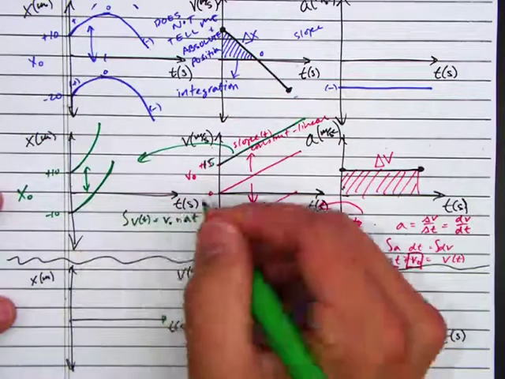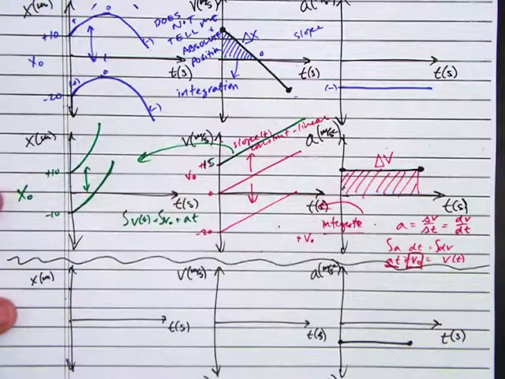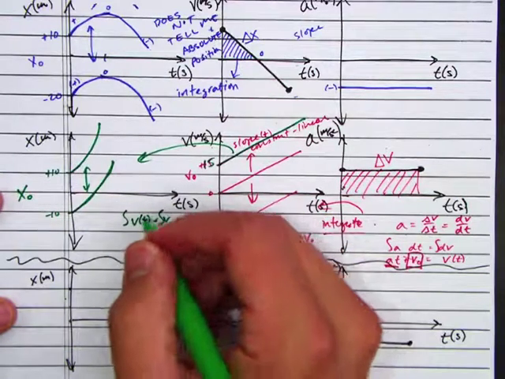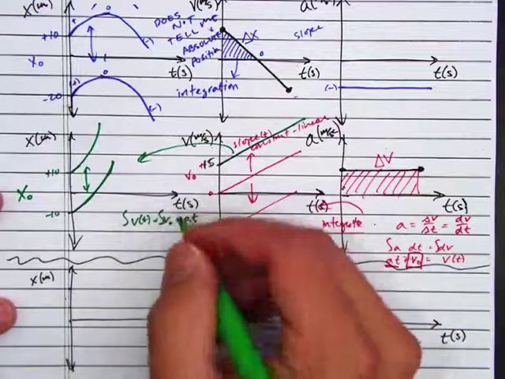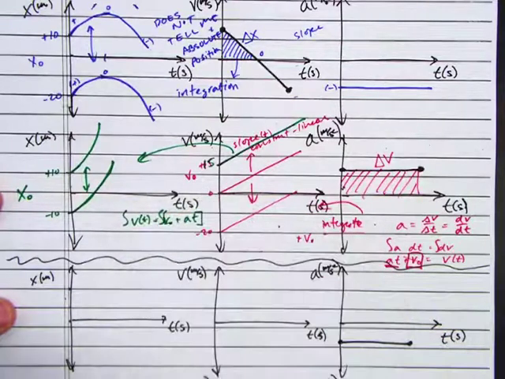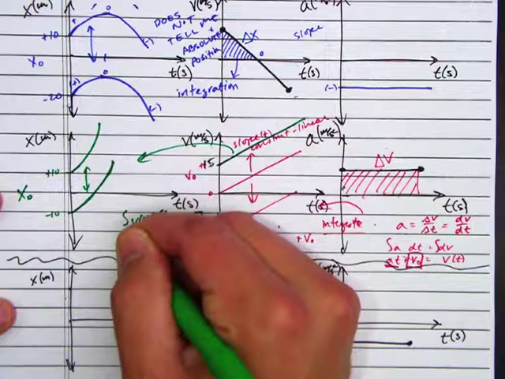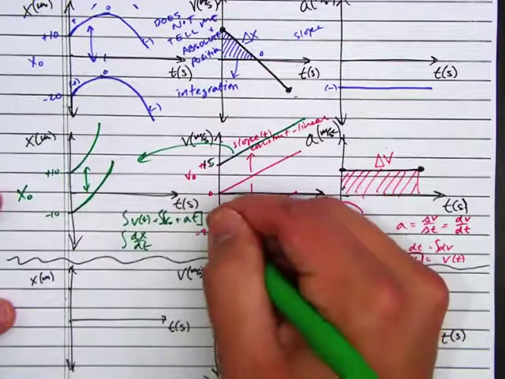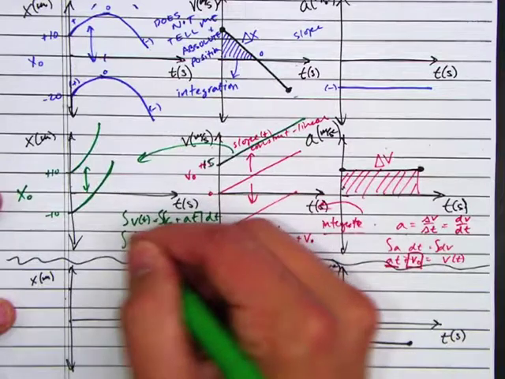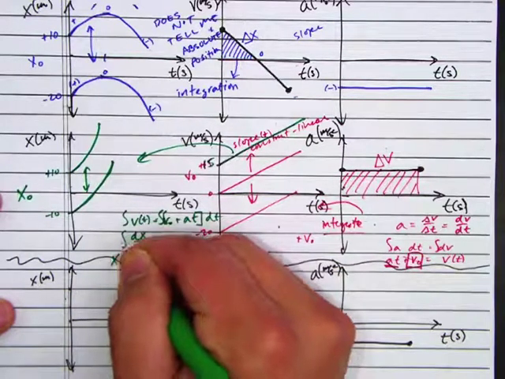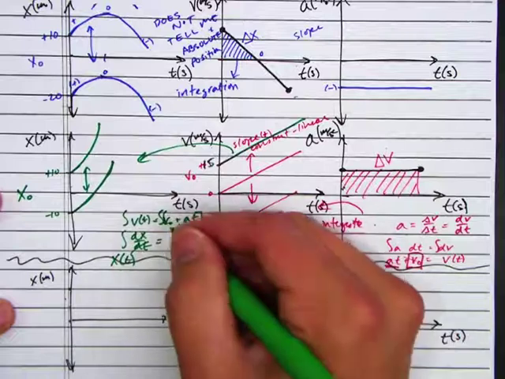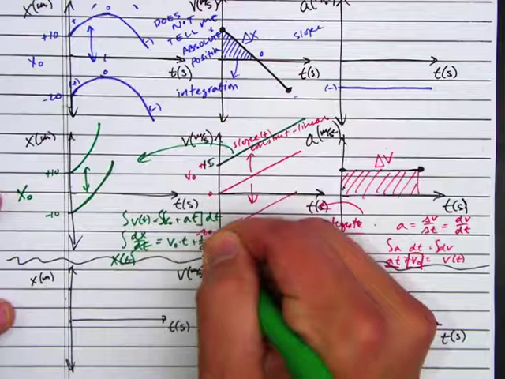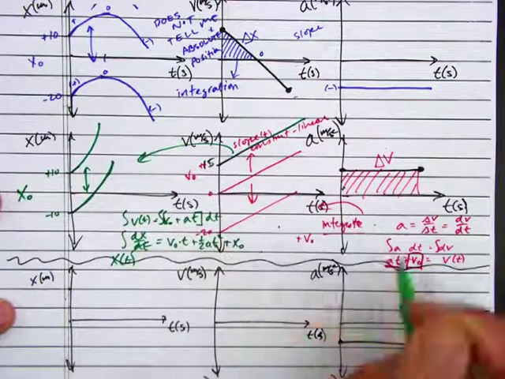If I integrate this, I know that v of t is just dx dt, so I put the dt over here. Integral of dx is x as a function of time, and then I've got v naught times t plus 1/2 at squared plus some constant.